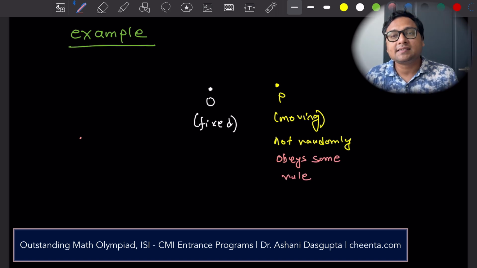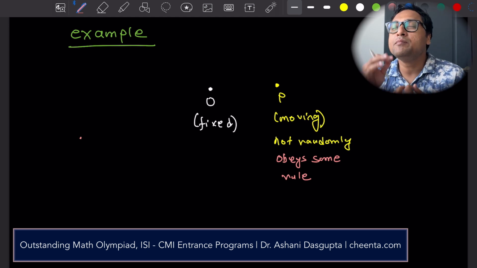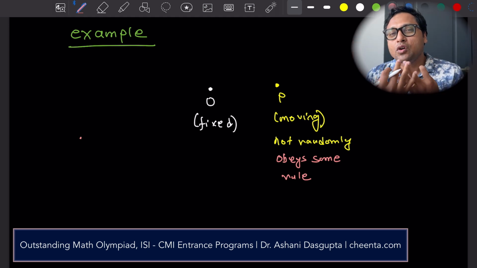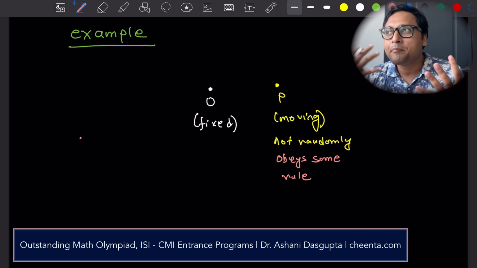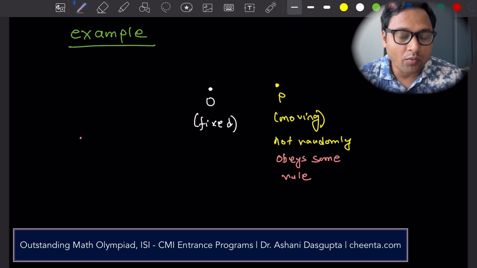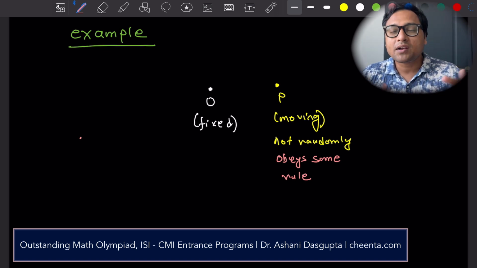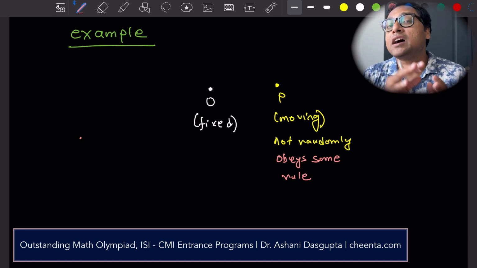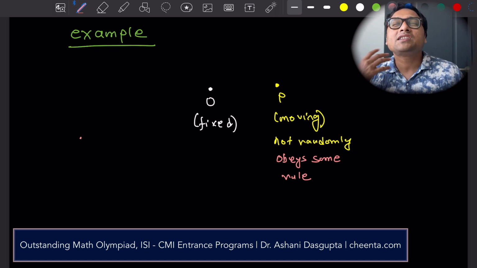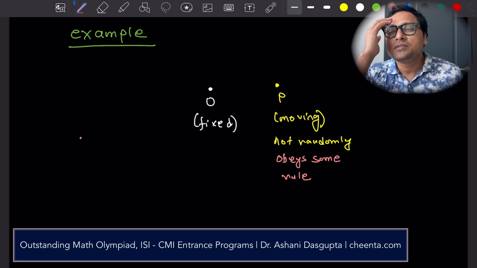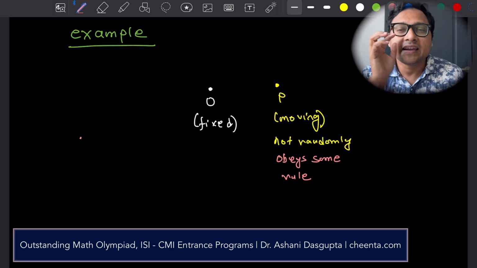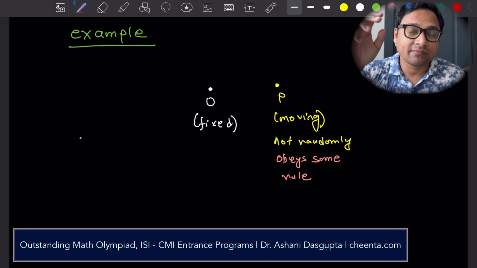The question is, if the point P moves, obeying that rule, what is the path traced out by the point P? What will it look like? So in your mind, you have to actually train your mind to imagine that the point P is moving, and while it is moving, it's tracing out a path.